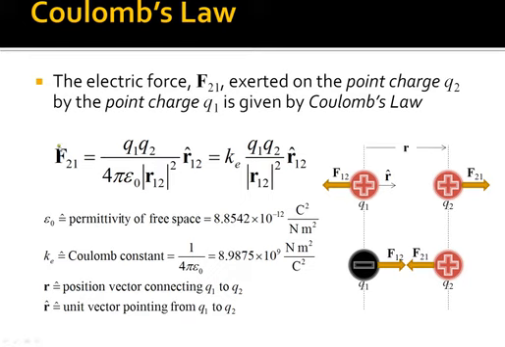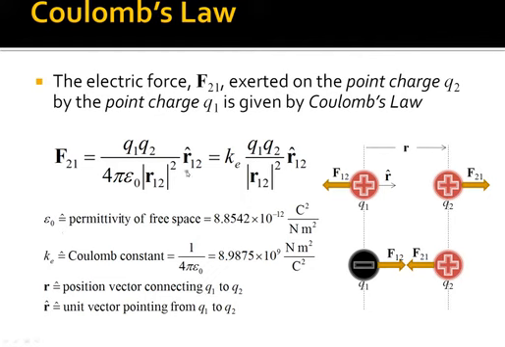The force is a vector. It has to be expressed in 2 or 3 dimensions, and it's proportional to the magnitude of charge. We also have to include the sign, whether it's a positive or negative charge, for Q1 and Q2. And that's going to be divided by 4 pi times the permittivity of free space.